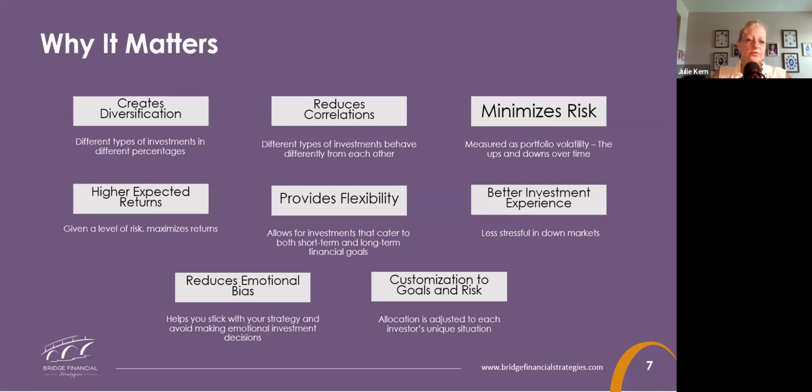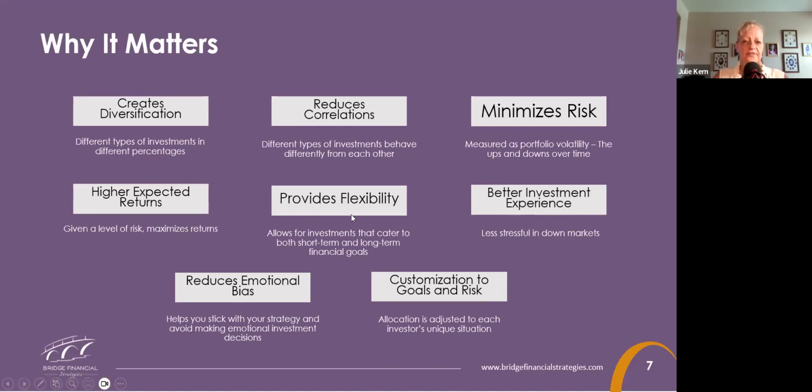Next, higher expected returns. So when we can remove those lower downs, even though the highs won't be as high, that produces an overall higher return over time. So that's what we're all looking for, the maximized return given a certain level of risk.